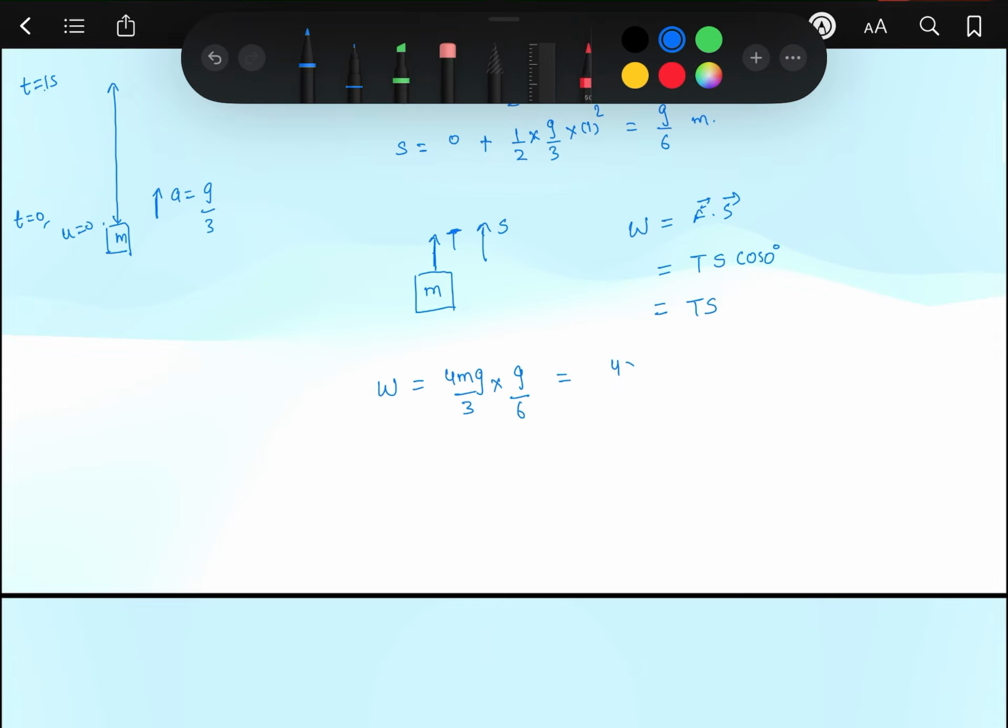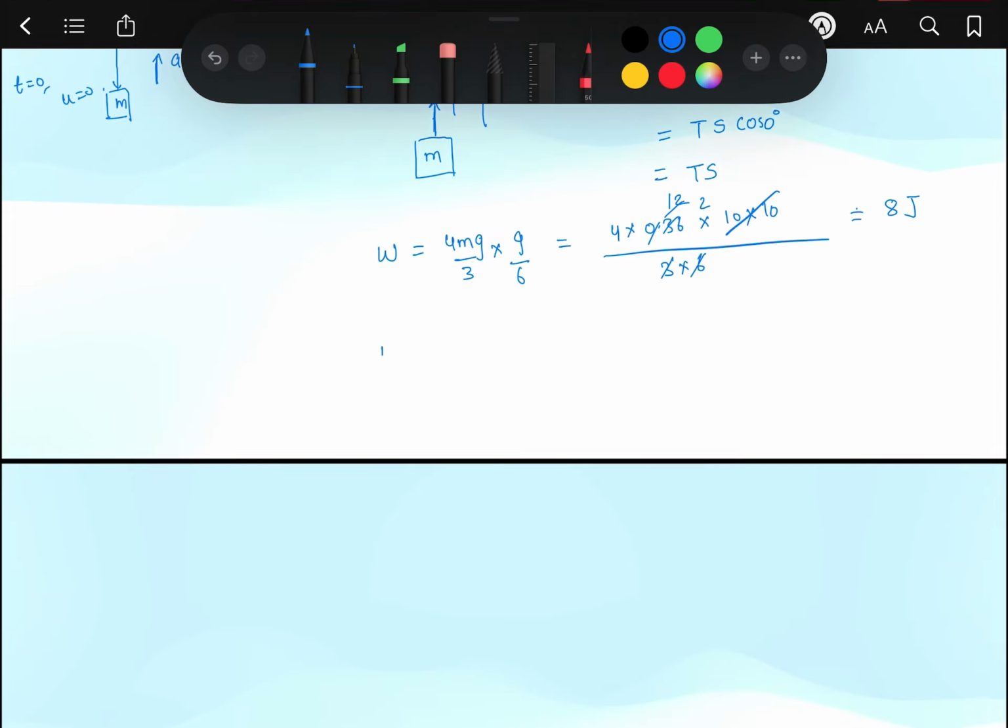So 4 multiply 0.36 multiply g square, that is 10 into 10, divided by 3 multiply 6. The point will be cancelled out with the ten square, and we can cancel the terms: 3 times 6 gives 18 and 4 times 36 gives 144... so work done will be equal to 8 joules.